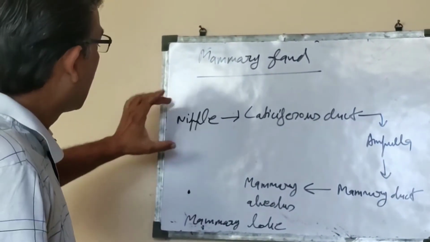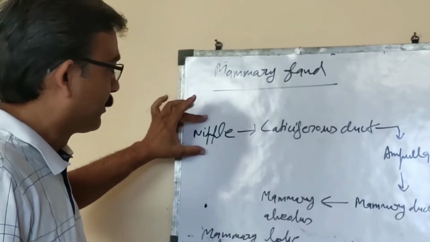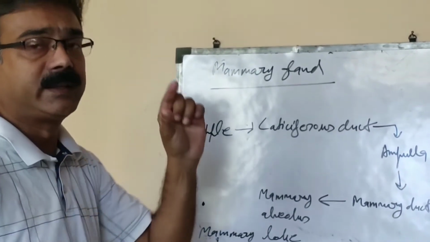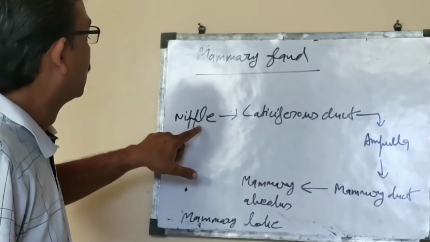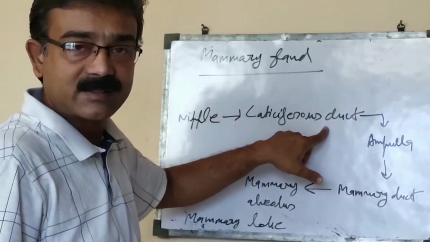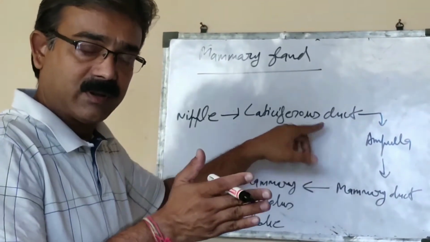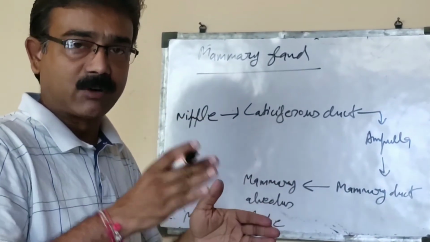The outermost single protruding structure is the nipple, containing a single opening, and internally from the nipple there are some lactiferous ducts.